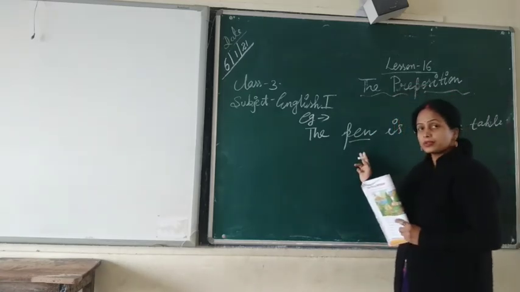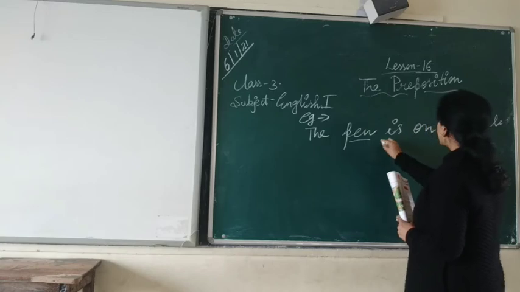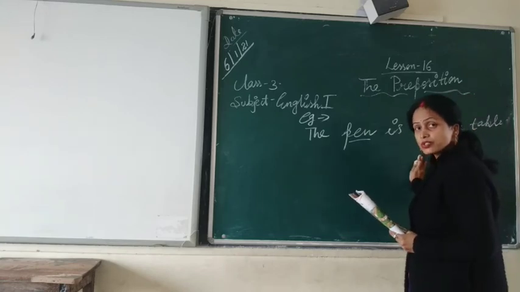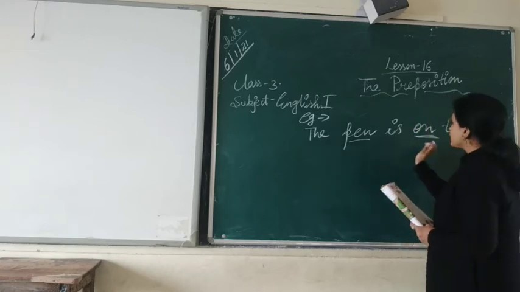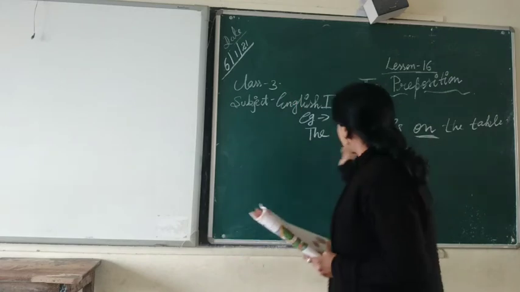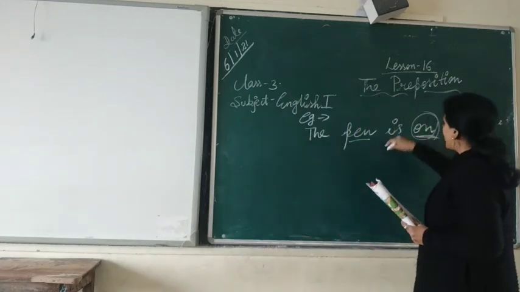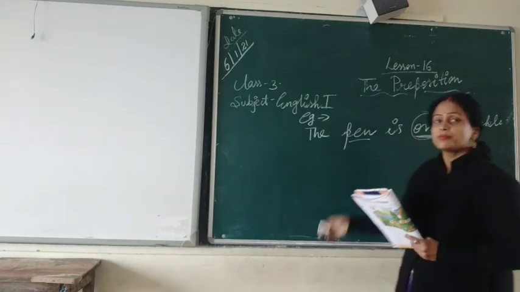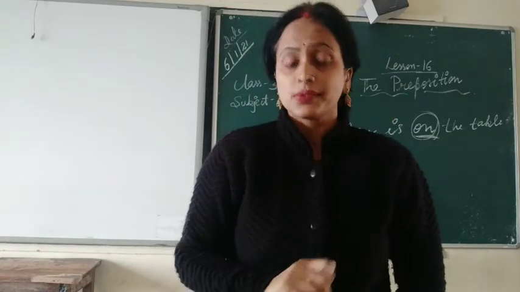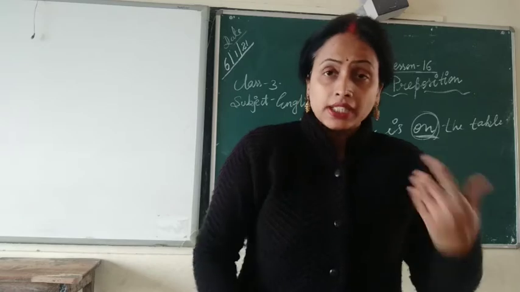It is a noun, no? And what is "on" here? On is a preposition. So this shows the relationship of noun or pronoun. What does it relate? A preposition relates a noun and a pronoun with another word in a sentence.